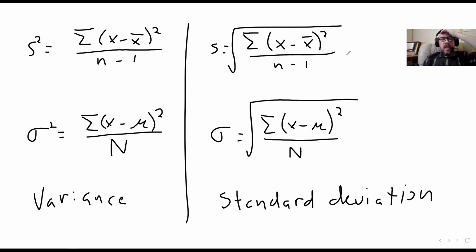Now, a completely untruthful reason for why we would square these and then add them all up and then take the square root is that we want to make them positive, right? It turns out that if you just do X minus X bar without squaring it and add those all up, the thing you get is always 0.